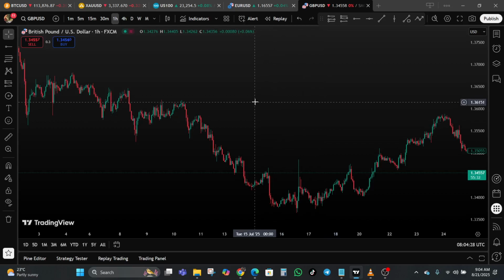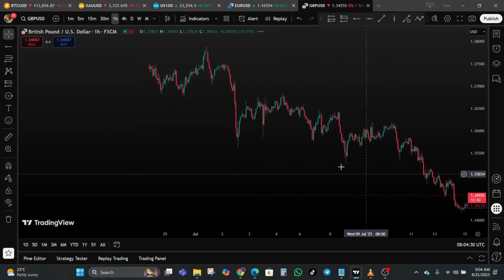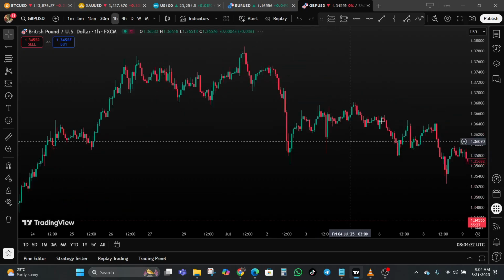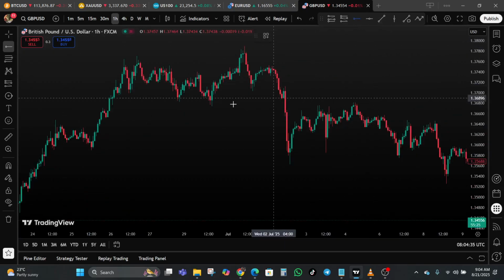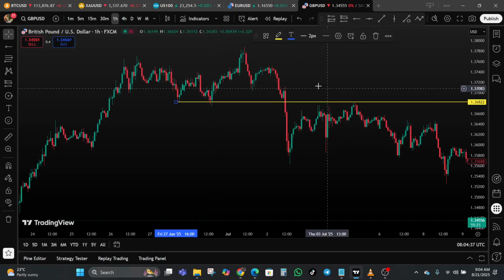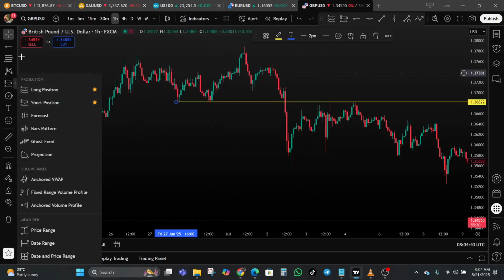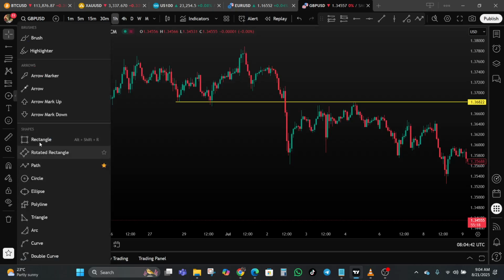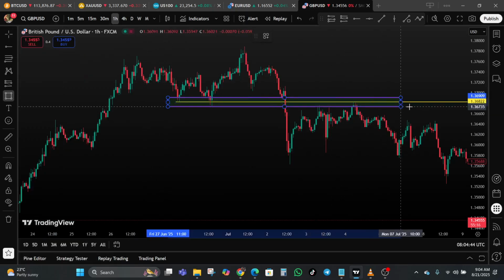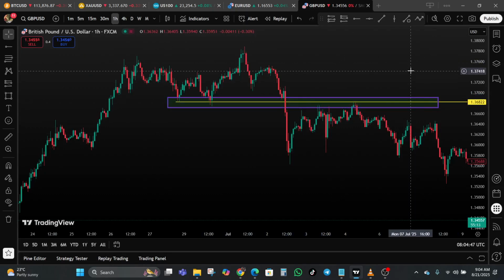So now let's look at how this works. When institutions push price aggressively, the candles are large, clean, and directional.